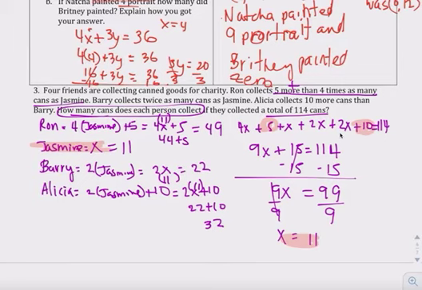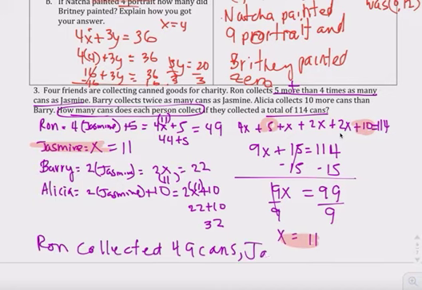Okay, I believe that's correct. So Ron collected 49 cans. Jasmine collected 11 cans.